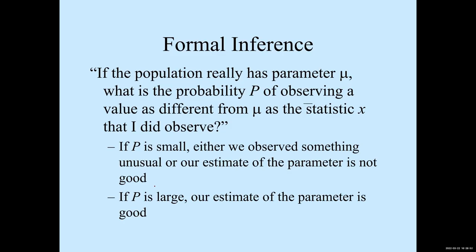That probability is the area under the curve further away from mu sub 0 than your X bar. If that probability is small, either we observe something unusual or our estimate of that parameter is not good. If the little p is large, then our estimate of the parameter is good. There's a high probability that we would get a sample with mean X bar if the true mean was actually mu 0.